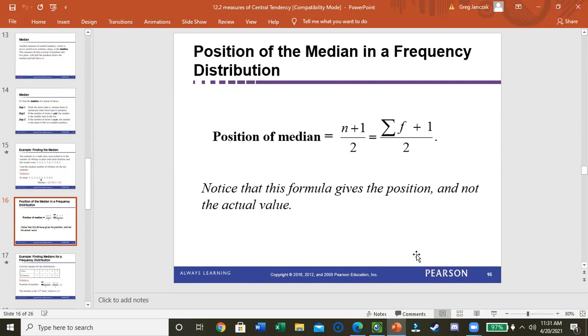What we do to find the median is first we have to find where the position is. So you use n plus 1 over 2, n for your number, plus 1, over 2. Okay, so let's see how that works.